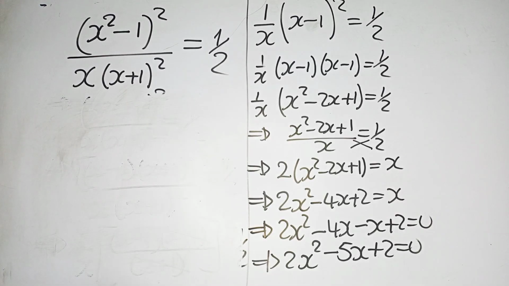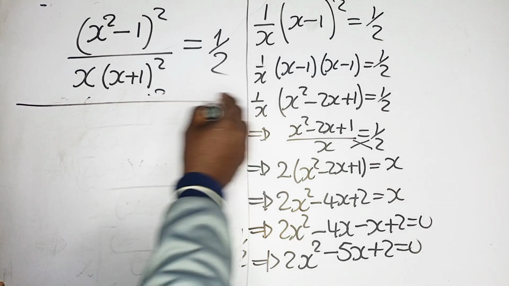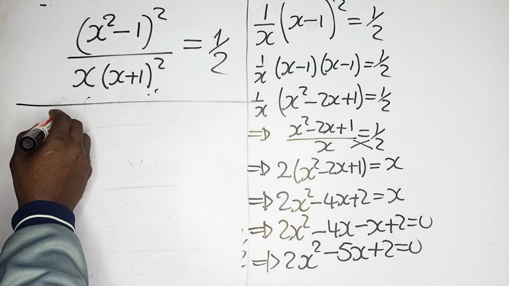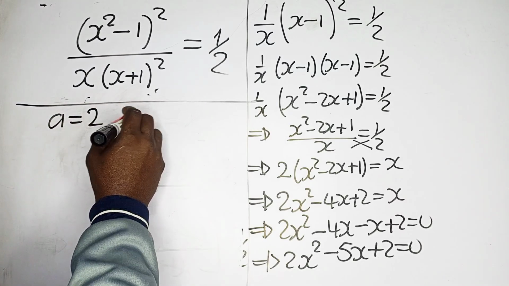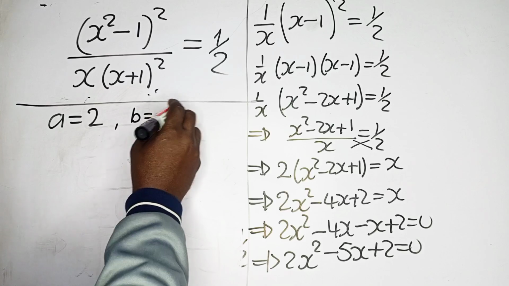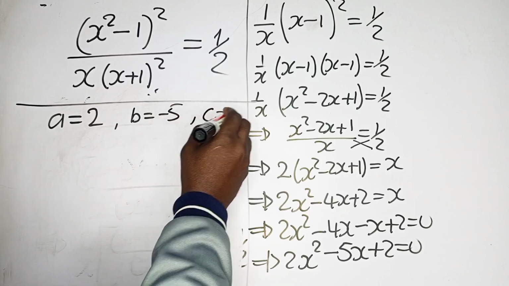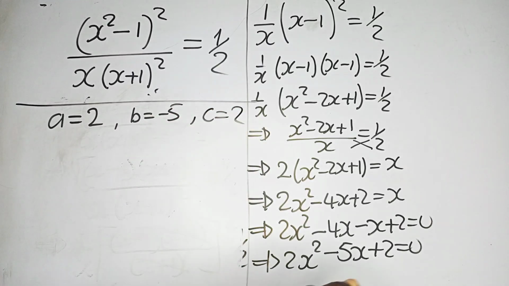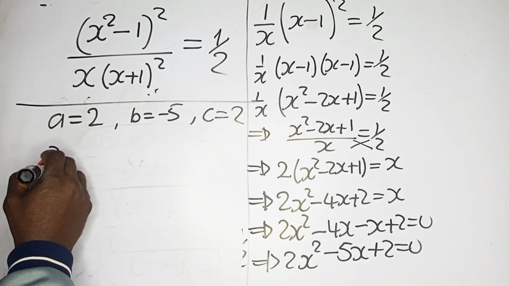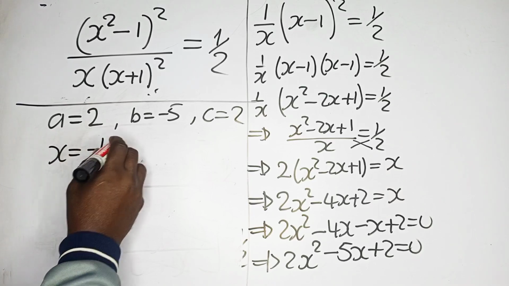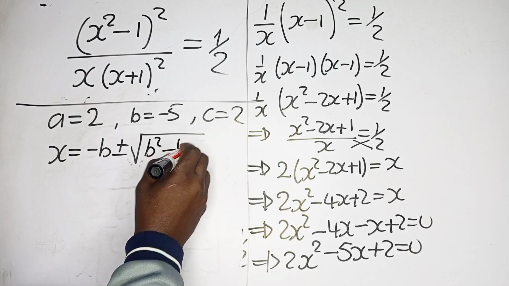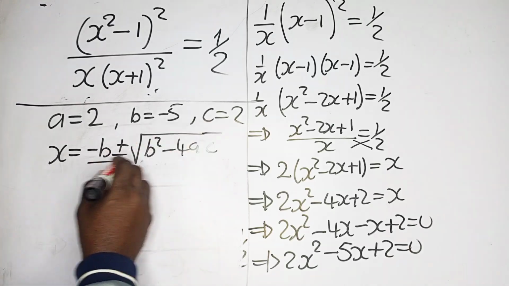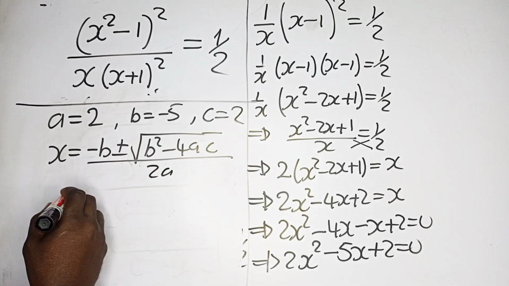If we look at it, the coefficient of the leading term is 2, the coefficient of the middle term is −5, and our constant is 2. From there, we can now apply the quadratic formula: x equals −b plus or minus the root of b² − 4ac, all of that divided by 2a.